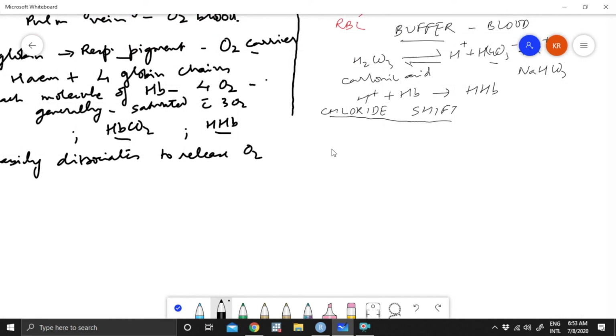So nearly 70% of CO2 is transported in this manner as salts of, for example, NaHCO3. This is how it is getting transported.